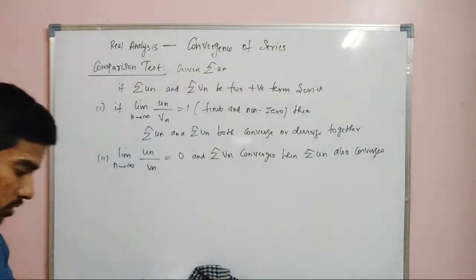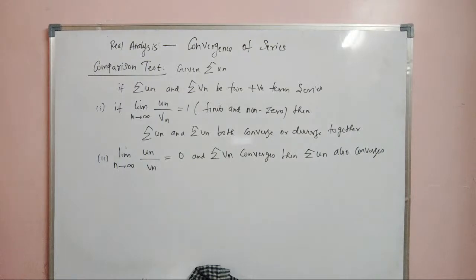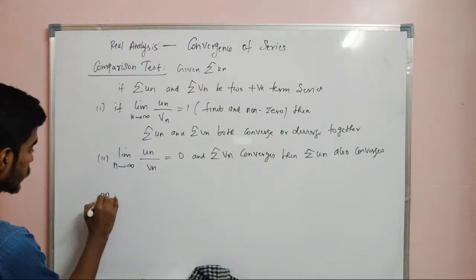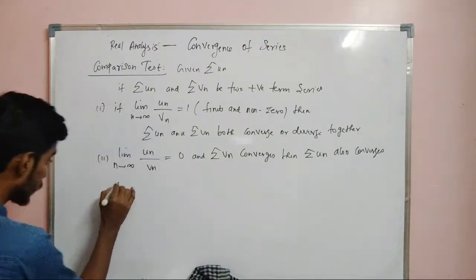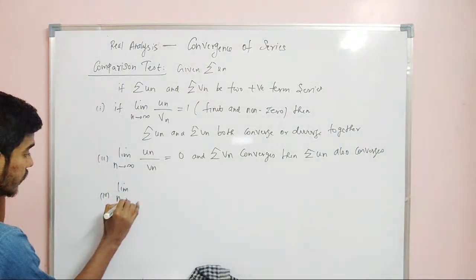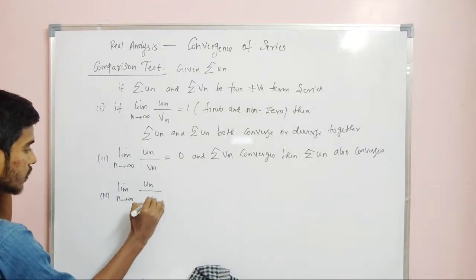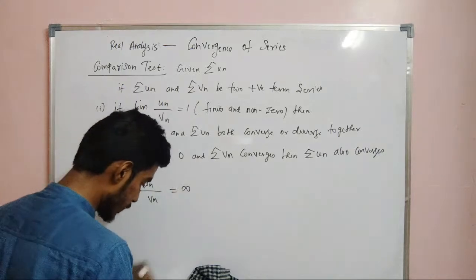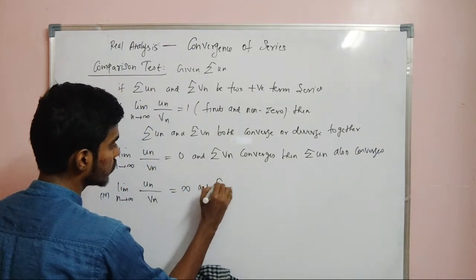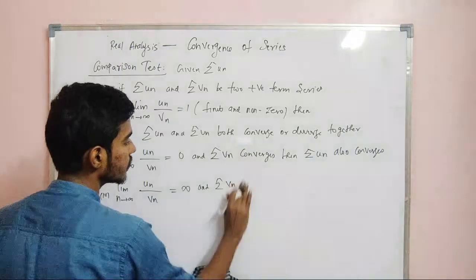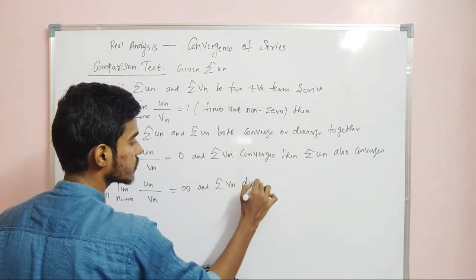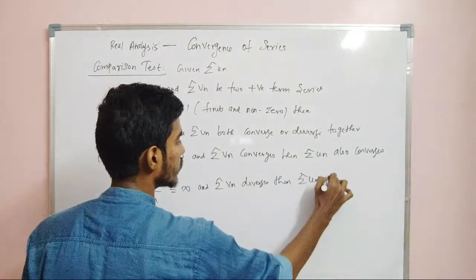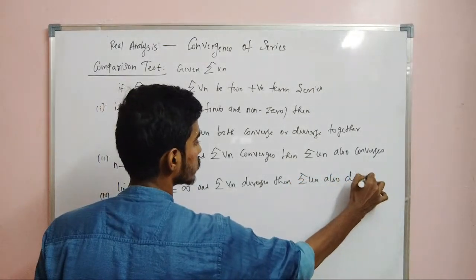Now the third case: if the limit as n tends to infinity of un by vn is equal to infinity and summation vn diverges, then summation un also diverges, right?